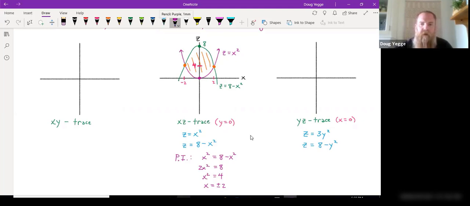Looking at the second function, it's obviously going to cross through 8 again, and it's going to be our standard kind of width here. But 3y squared is going to be touching the origin, but it's going to be a much thinner parabola, so it'll be coming up a lot quicker.